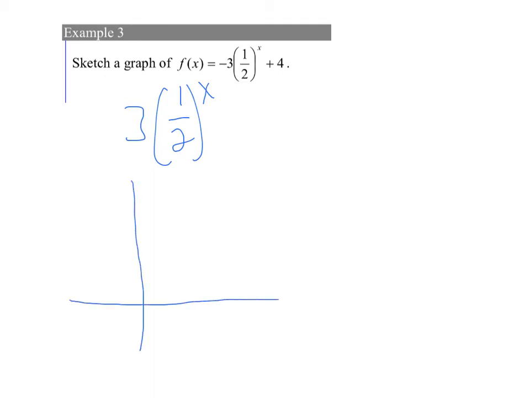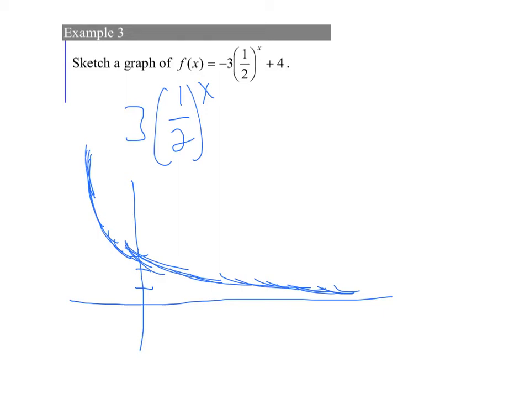Well, I'm seeing this. It would cross the y-axis at 3, and it would decrease something like this, which is a perfectly fine graph. You can plot some points. We don't have to, though. So I know it looks something like that.